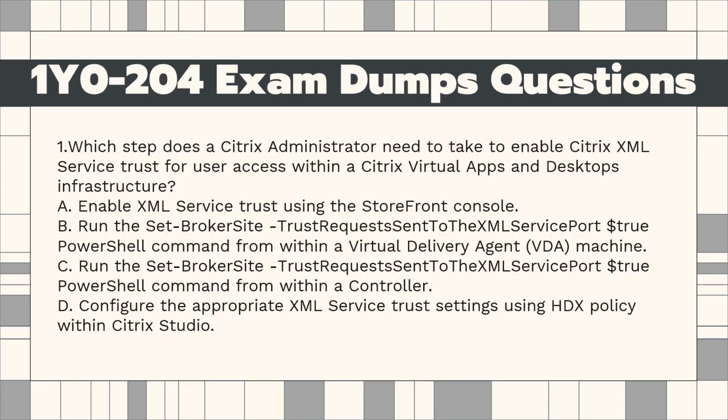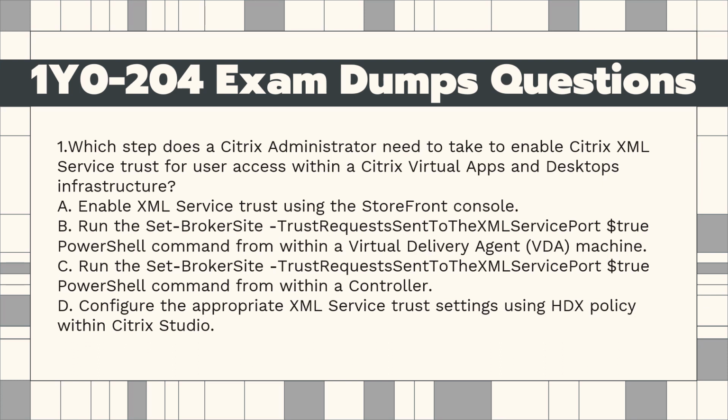1. Which step does a Citrix administrator need to take to enable Citrix XML Service Trust for user access within a Citrix Virtual Apps and Desktops infrastructure? A. Enable XML Service Trust using the StoreFront console.